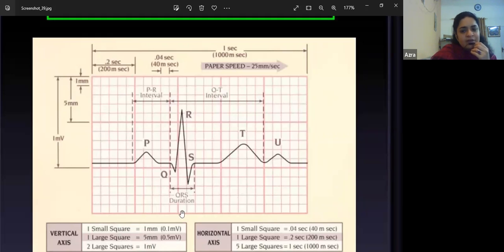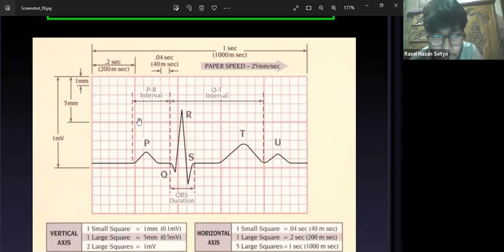Always remember: from this axis the volts will be mentioned, and from this axis time will be mentioned, because in the machine nothing is written down about the time period, so you will have to remember it in your mind. Okay, ma'am, I got it.